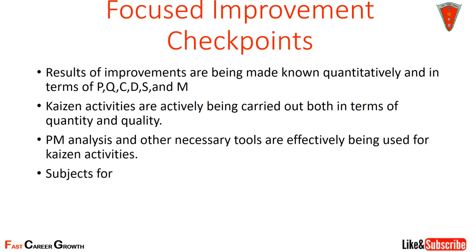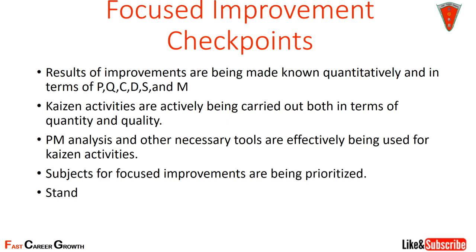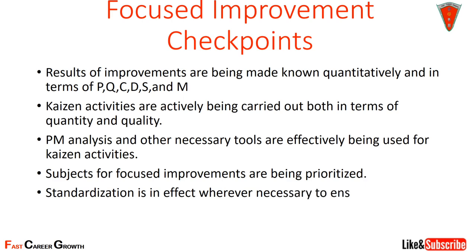Subjects for focused improvements are being prioritized. Then standardization is being done whenever necessary to ensure Kaizen results are in place. These all are the key points you have to jot down during this focused improvement phase.